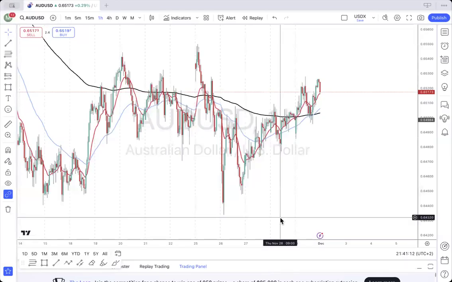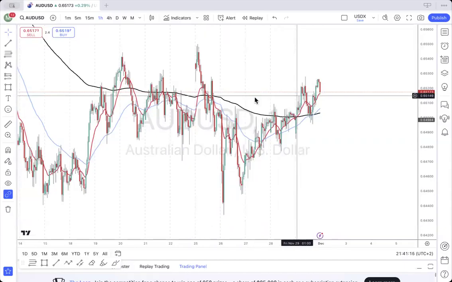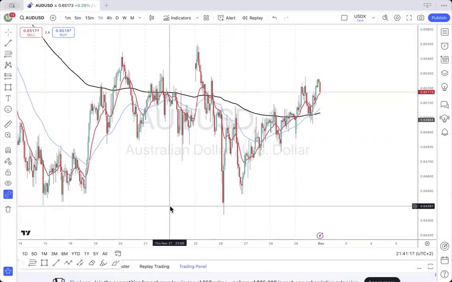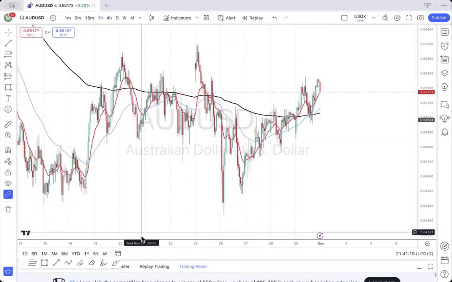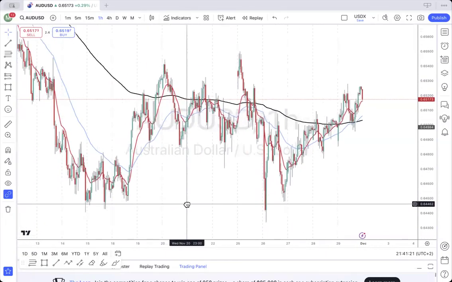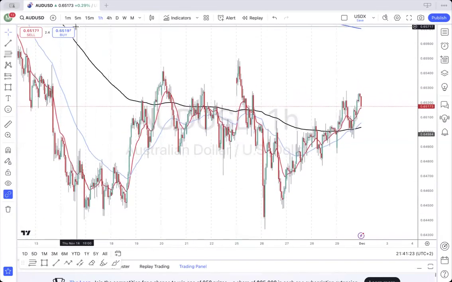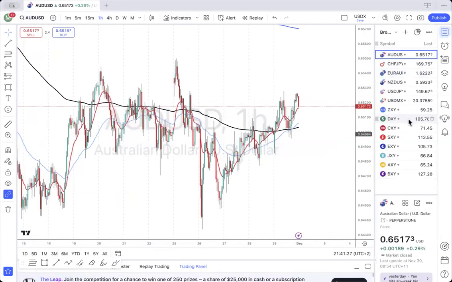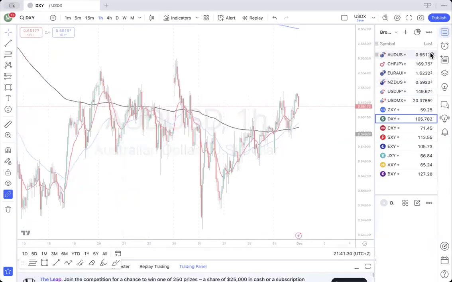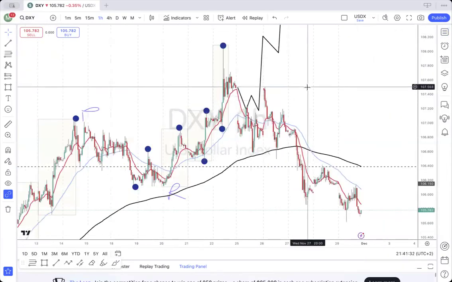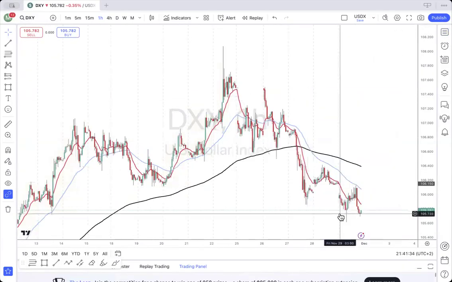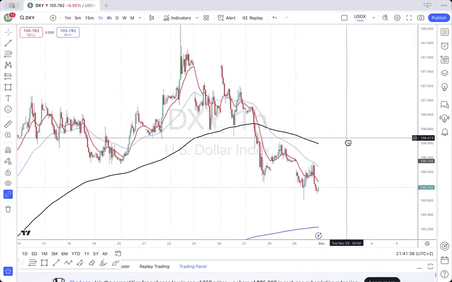So I'm sure you saw the dollar index video analysis in GBP USD on YouTube, where I was talking about how the dollar index was supposed to turn around. Let me just open it real quick so all of you can appreciate what I'm talking about.